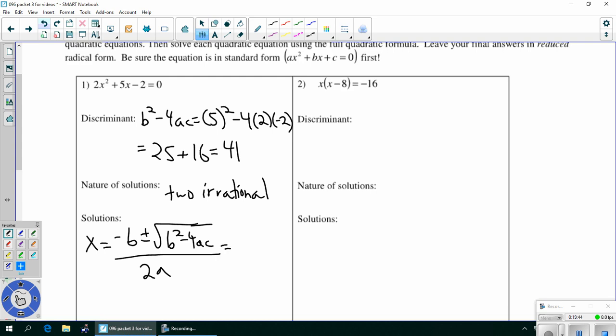Okay, so negative b, that is -5 plus or minus. Now we have already done b squared minus 4ac, and I don't want you to do it again. I want you to just plop the 41 in there. No need to recalculate b squared minus 4ac. Done. And then it gets divided by 2a. 2 times 2 is 4. So there you go. Those are the two solutions, -5 plus or minus square root of 41 divided by 4.